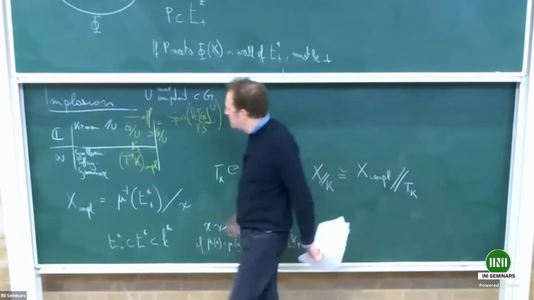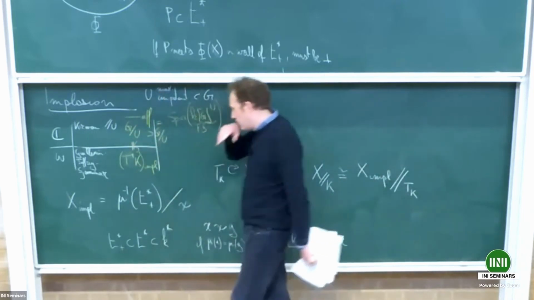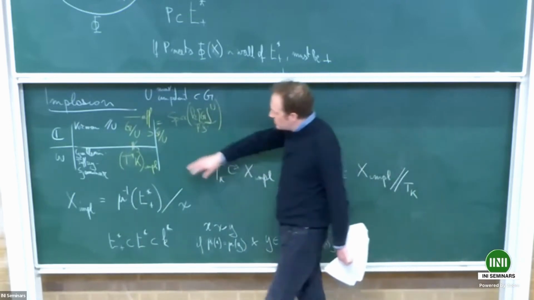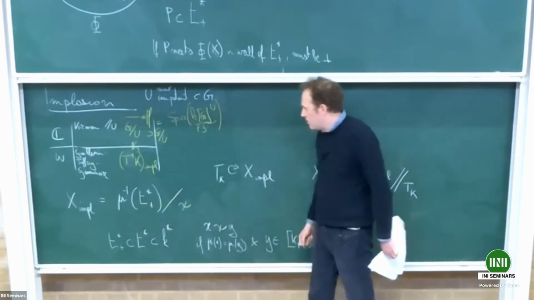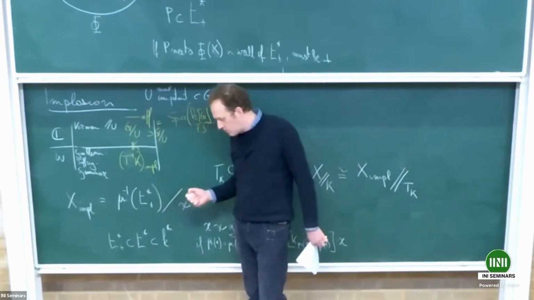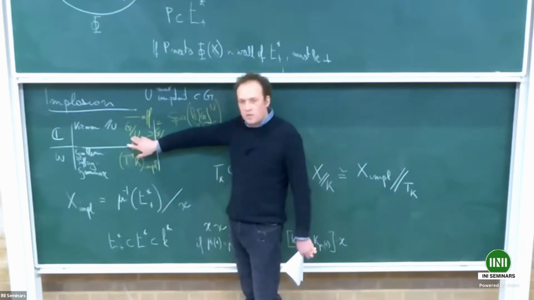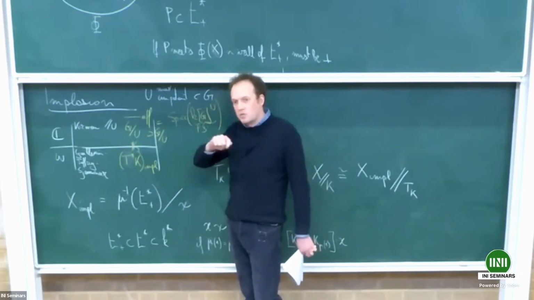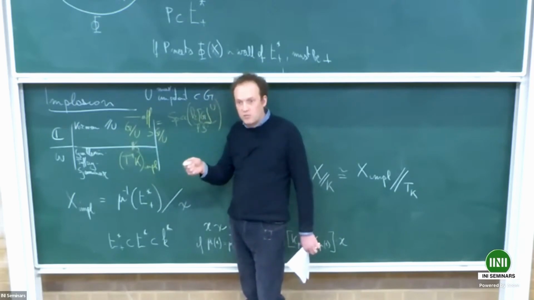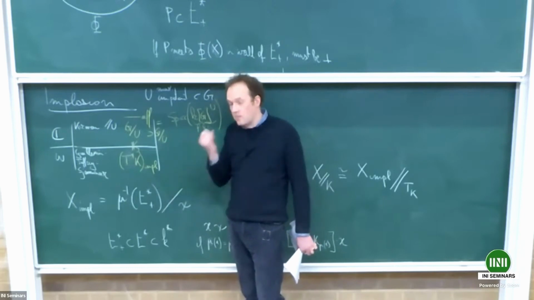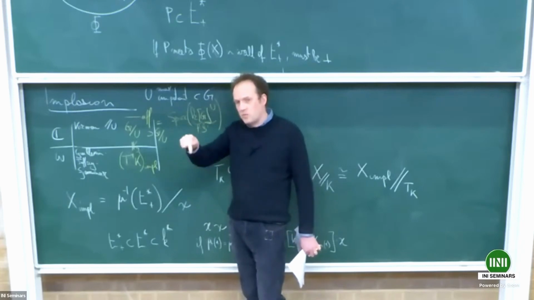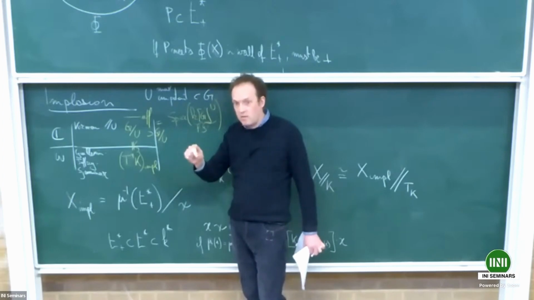So it's a very explicit hands-on identification between these two. What you essentially do is you look at your dominant weights here, and you choose a bunch of generators of them as a semigroup. For each of these, you write down the associated irreducible representation that has that guy as its highest weight, and then in each of these representations you pick a highest weight vector.